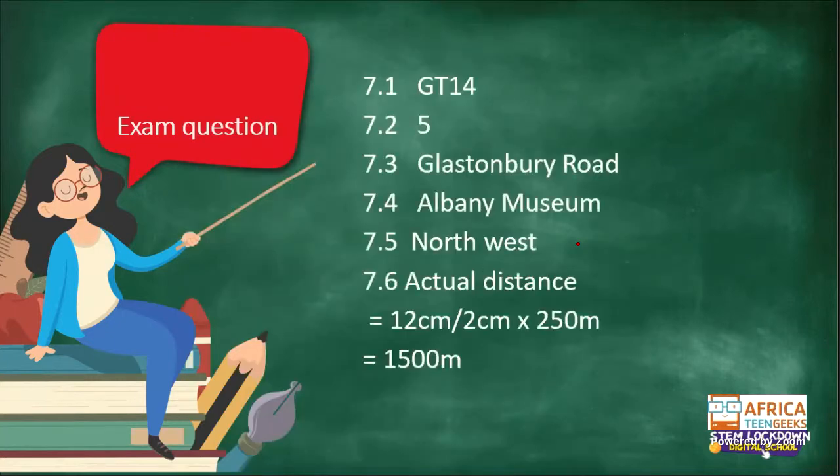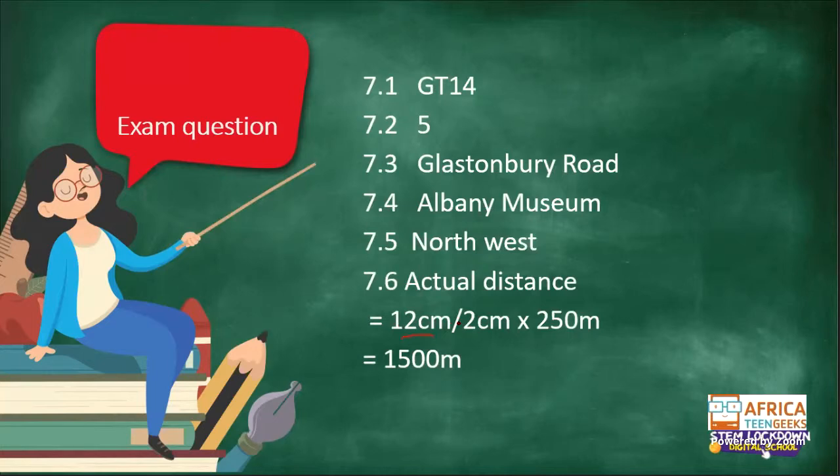So when it comes to this type of question, a simple way of solving is to take the map distance, which is 12 centimeters, and divide by the length of the segment of the bar scale. In this case, you're given 2 centimeters represents 250.